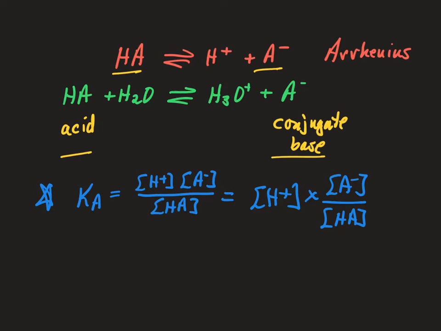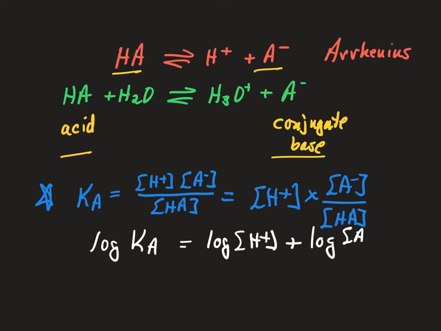There is another way, and that is to do a log transformation of this expression. If you take the log of the left, you get the log of the Ka, and if you take the log of the right, you get the log of the concentration of hydrogen ions, plus, remember when you multiply it's plus, the log of the concentration of the basic form over the concentration of the acidic form.